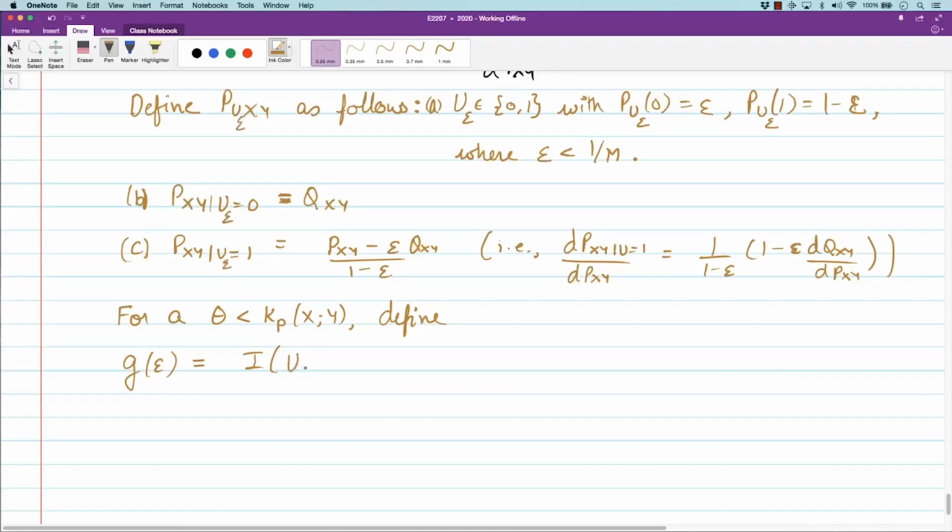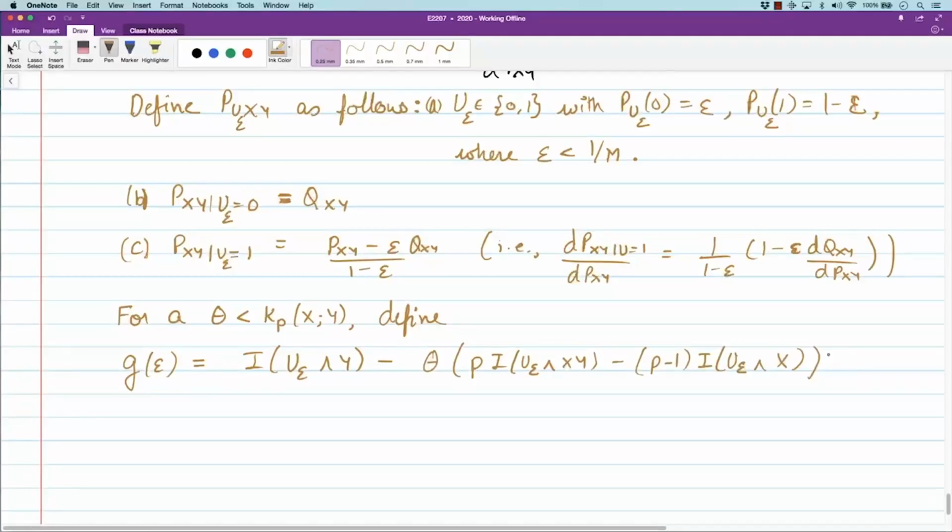So it's the mutual information between u epsilon and y minus theta times the denominator that comes up in the definition of mu. So I mu epsilon xy minus p minus 1 times I mu epsilon u epsilon x.